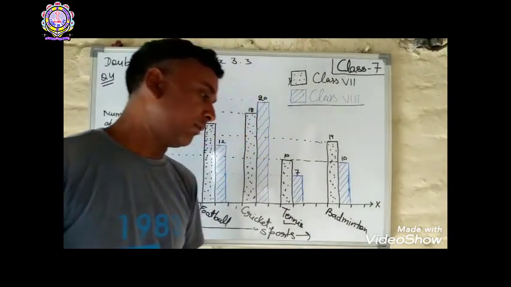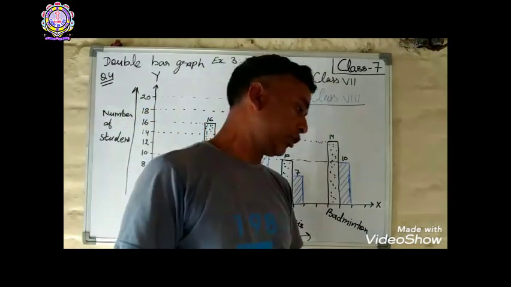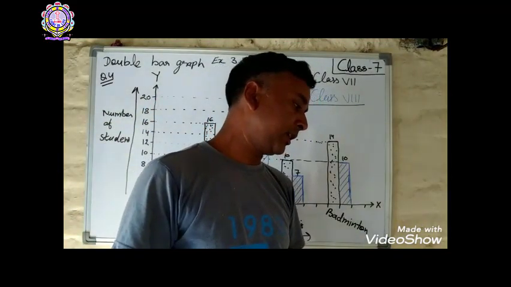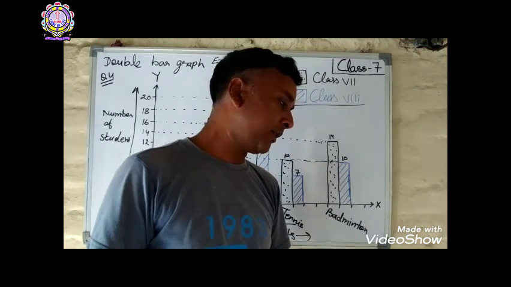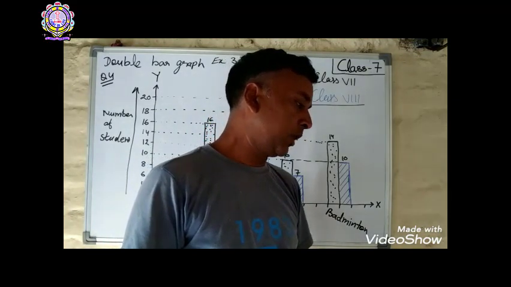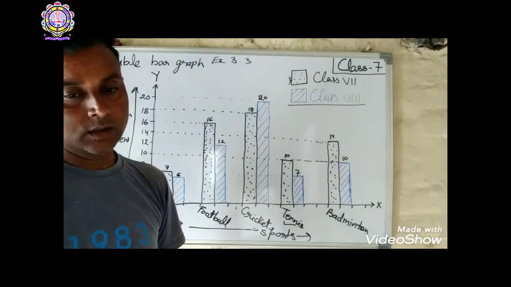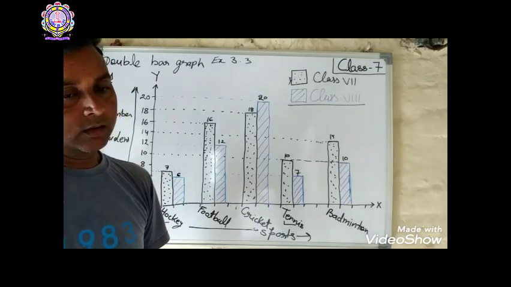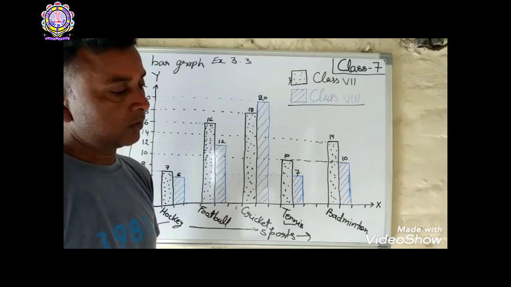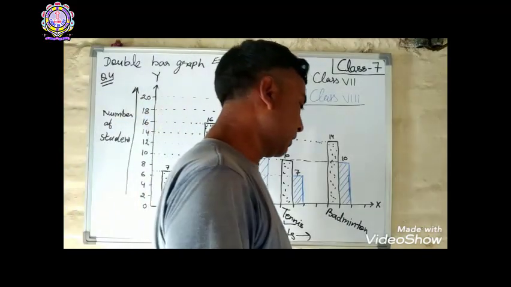Find the ratio of students who like badminton in class 7 to the students who like tennis in class 8th. So how do you write the ratio?